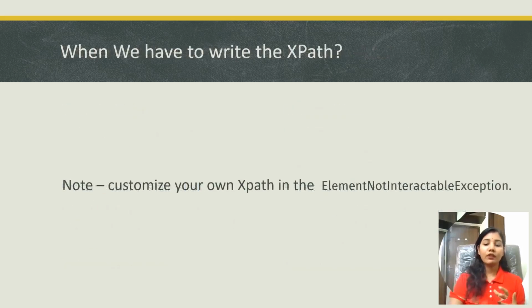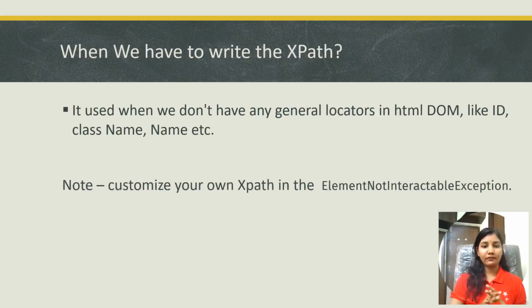And when do we have to write the XPath? Basically it is used when we don't have any general locators in the HTML DOM like ID, class name, name, etc. In Selenium we have multiple types of locators present in a particular HTML tag, but if there are no locators present, then we have to write the XPath.